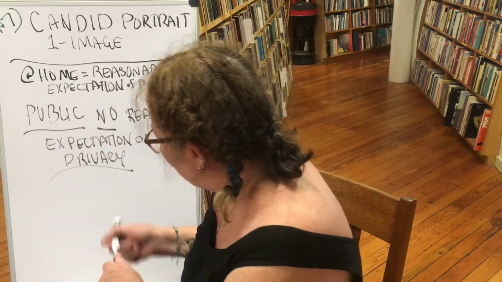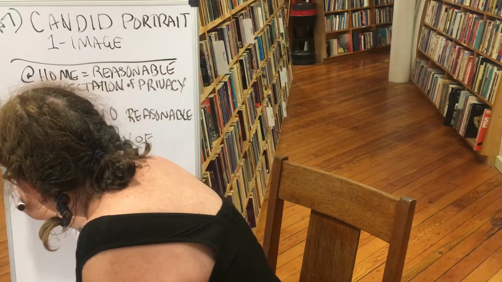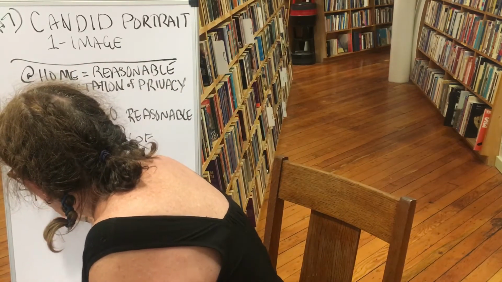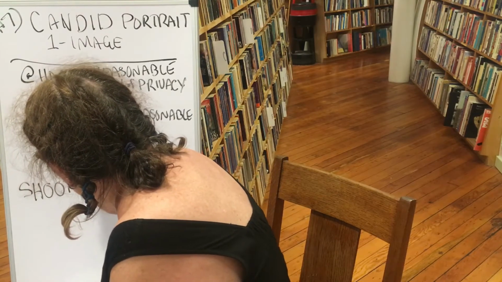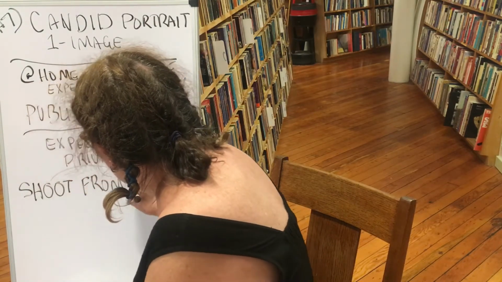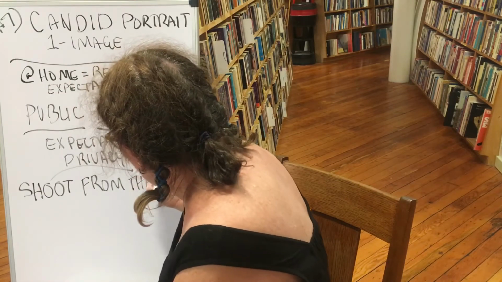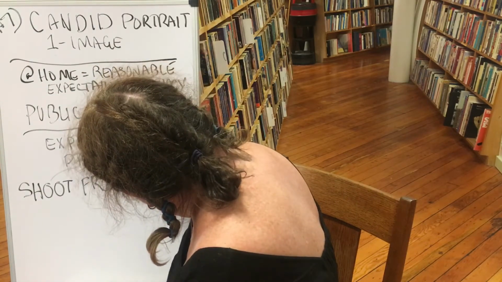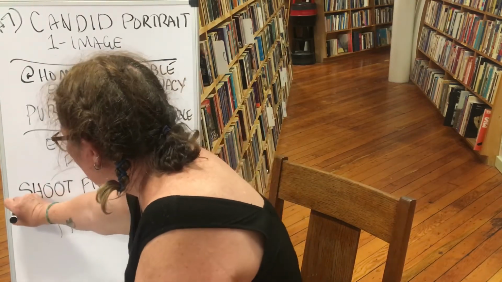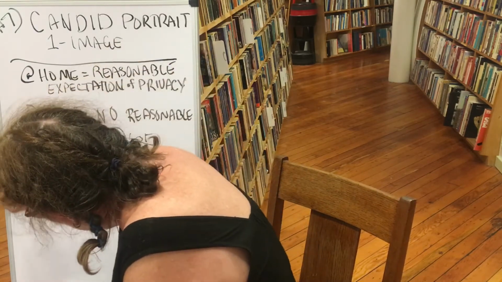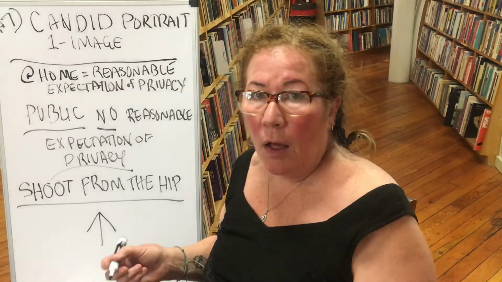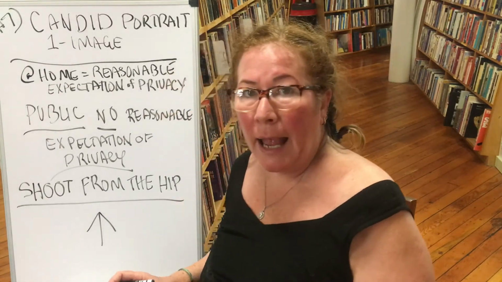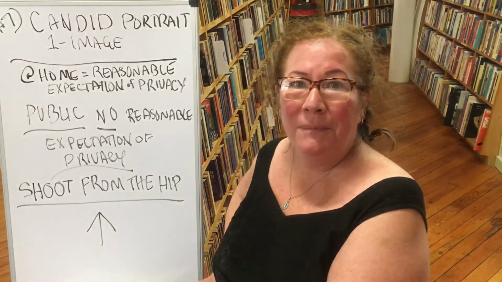What you want to do is you want to shoot from the hip. Okay, this is what you want. Shoot from the hip. And all that means is that you hold your camera down by your hip, right?